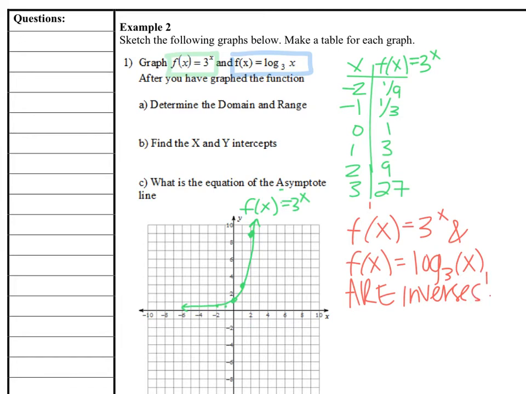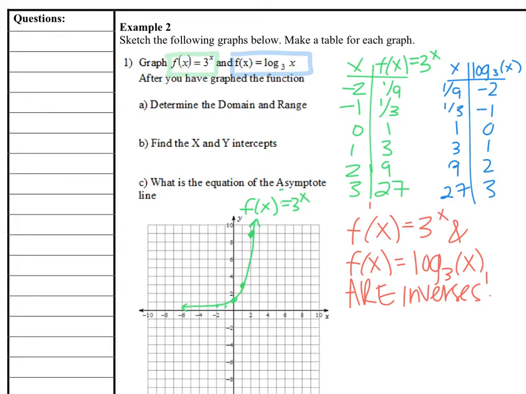I don't know why this zoom keeps changing, I'm sorry about that. So now to make my table for log base 3 of x, all I have to do is switch x and y. So that negative 2 now comes here. All my x's switch over to the output, the y's, and then my outputs now switch to inputs. And then we can graph that.